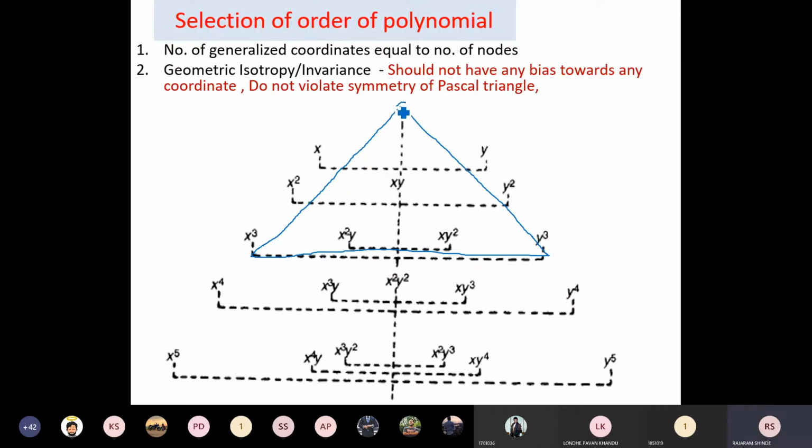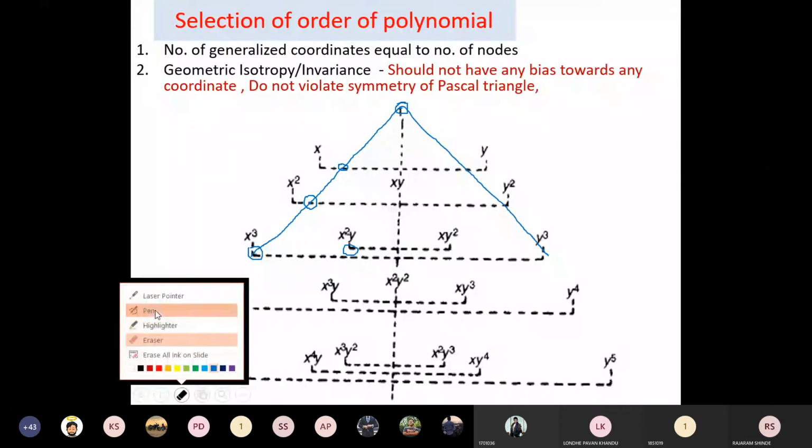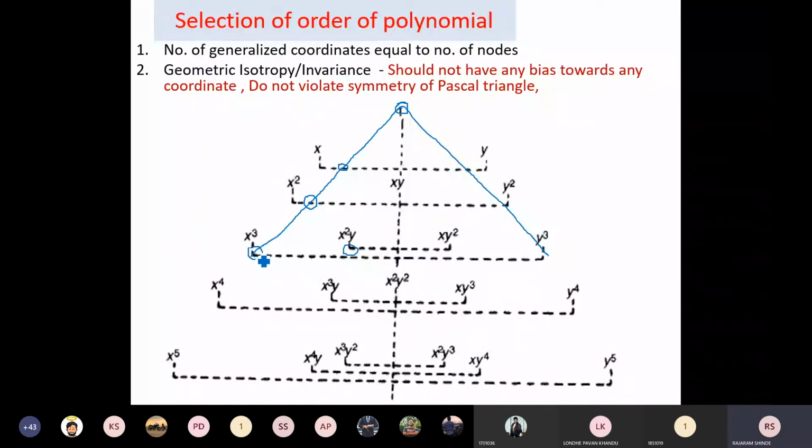And one more thing you can see here, if we draw this triangle, you have node number 1 here, and here is one more node. Your line is this one, node is here, and here.